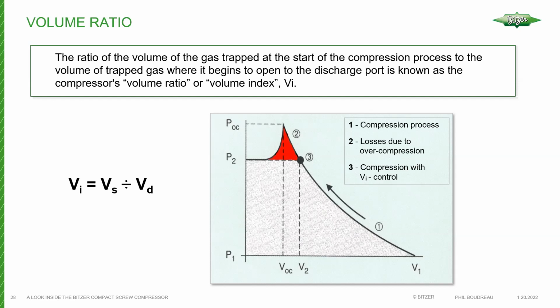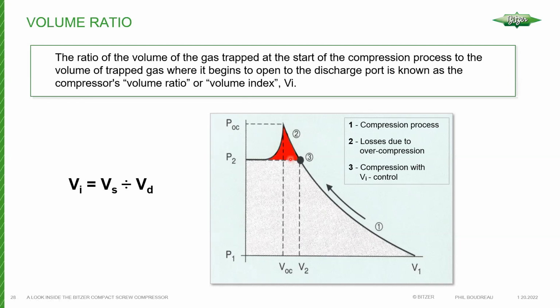In a helical rotary type screw compressor, you've got a number of pockets that are compressing the refrigerant. It's actually possible to overcompress the refrigerant, so the pressure inside the rotor profiles exceeds the pressure in the discharge line. And when that happens, we end up with overcompression.